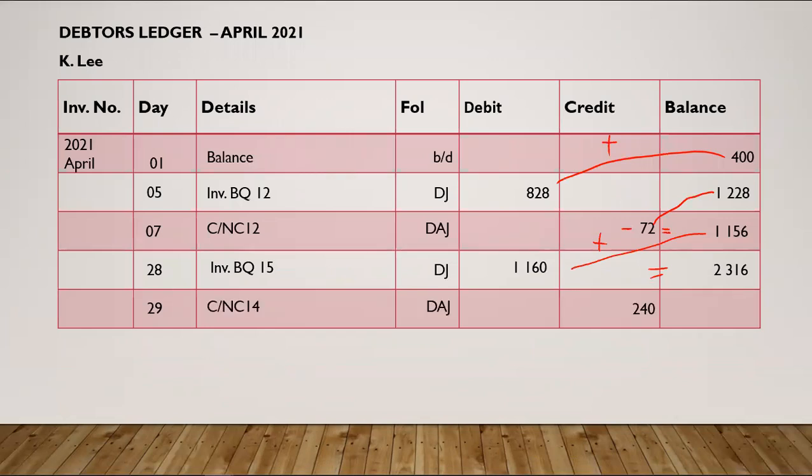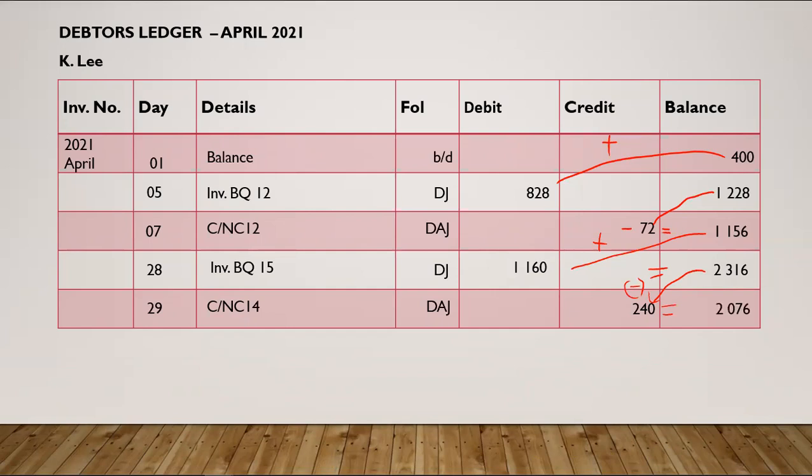Credit will be 240, which is the selling price of goods that were returned. The previous balance, you minus the 240, and then they will give you a new balance. So 2,316 minus 240, it'll give you 2,076.